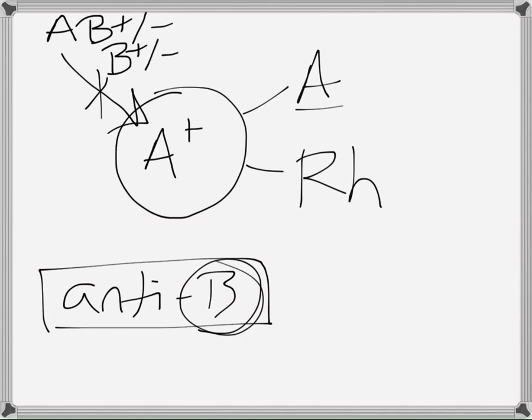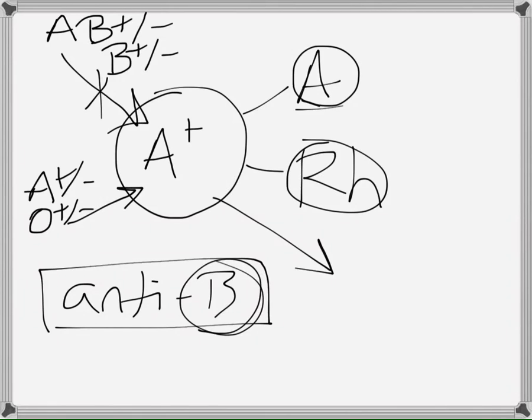What can you receive? You can receive the A's and the O's. O is unique. O is called the universal donor, right? Everyone can receive O negative. And then when you give your blood away, to whom can you give your blood? What are you giving away?